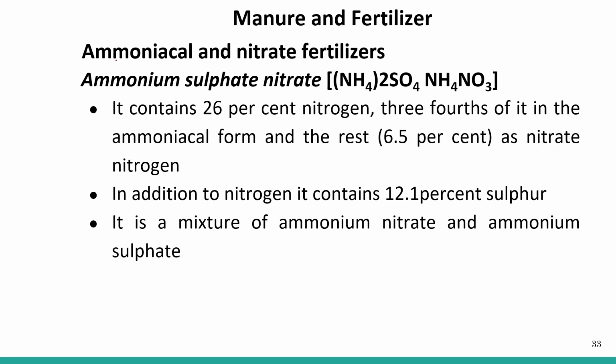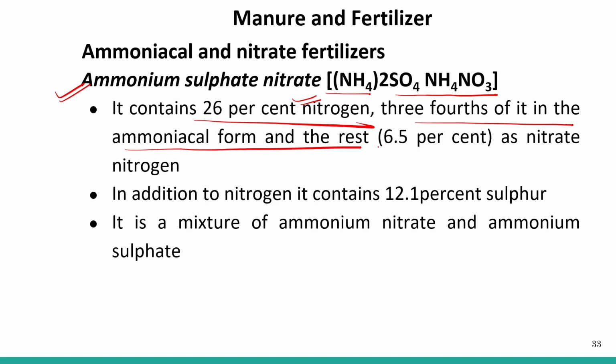Next is ammonium sulfate nitrate, (NH4)2SO4.NH4NO3. It contains 26% nitrogen. Three-fourths of it is in the ammoniacal form and the rest, that is 6.5%, is in the form of nitrate. So they are not present equally, right?